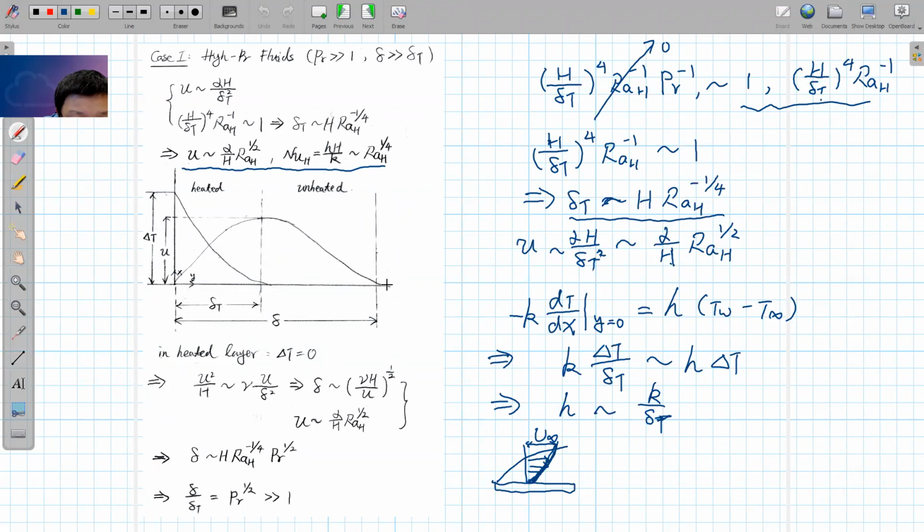In this unheated region, there is no temperature, right? You see that the temperature is gone, because we only have buoyancy when there is a temperature difference. In this region there is no temperature difference, which means there is no density variation, and then there is no buoyancy.